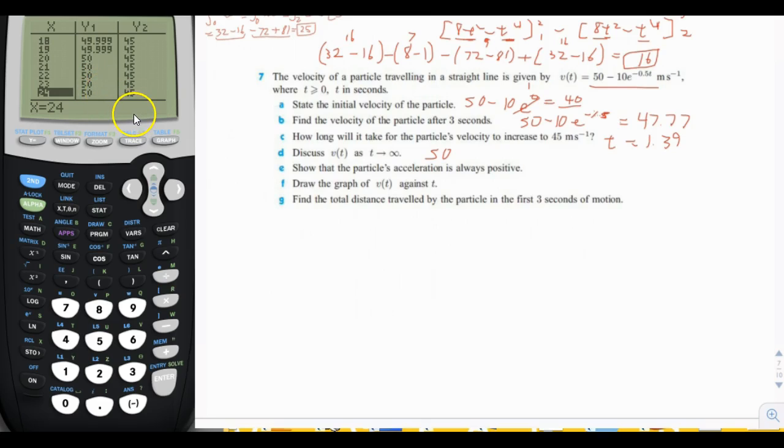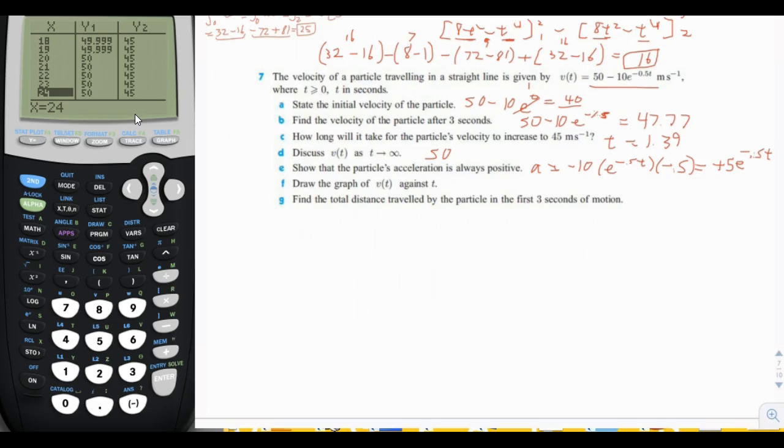Show that the particle's acceleration is always positive. Okay, well, I think it's easier to do this with the derivative. So you take the derivative of the velocity function to get the acceleration. The derivative of 50 is 0. The derivative of negative 10 e to the negative 0.5t is negative 10 times e to the negative 0.5t times the chain rule, which is negative 0.5, which is equal to positive 5 e to the negative 0.5t.